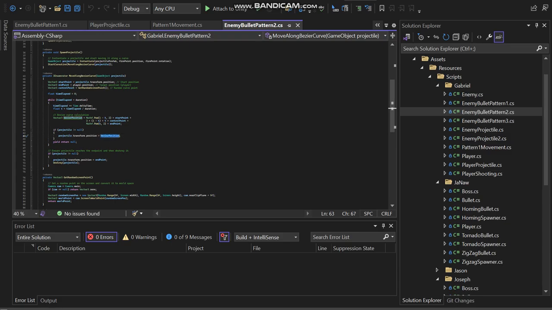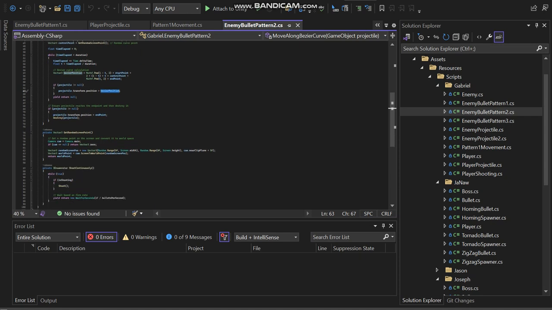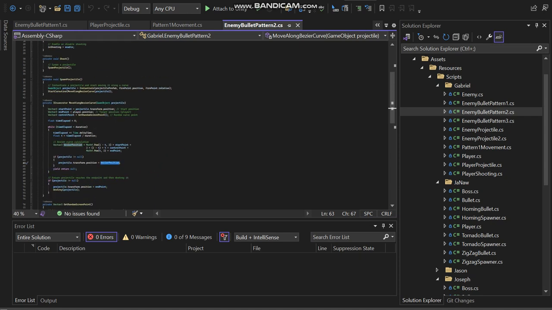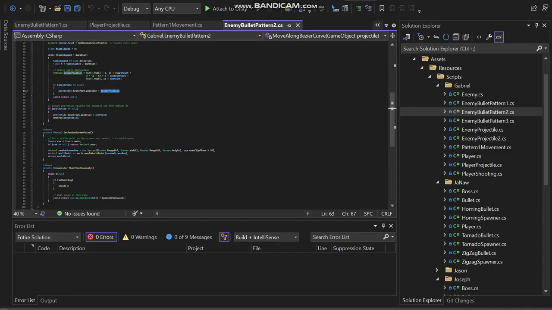The projectile gets transformed along this Bezier position, and when it reaches the end of the Bezier curve that's calculated, it will destroy the projectile. The control point is also obtained from this world point here, using the get random screen point on the screen.